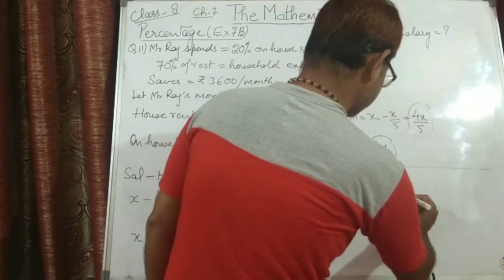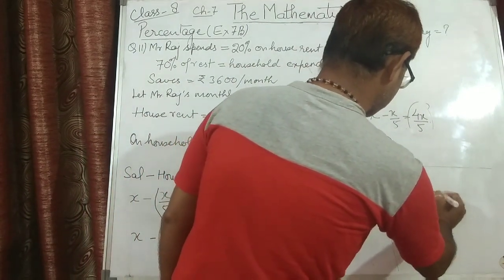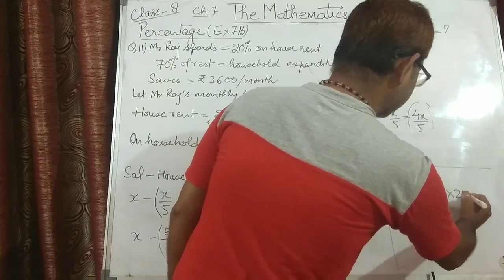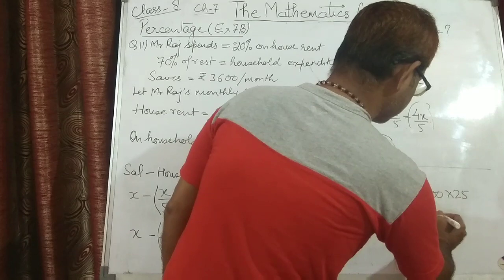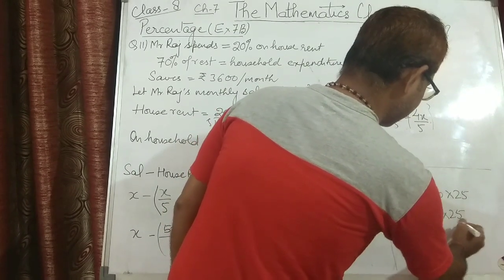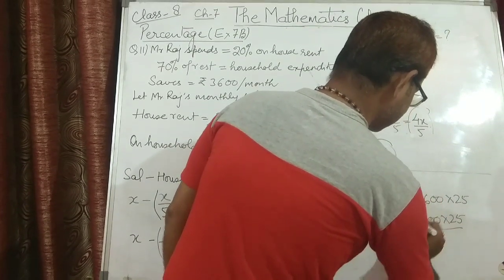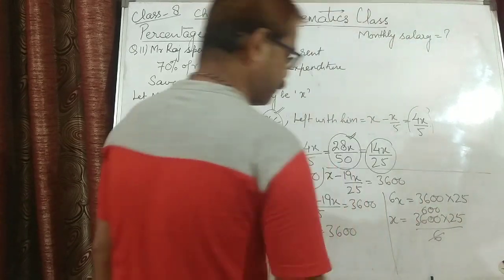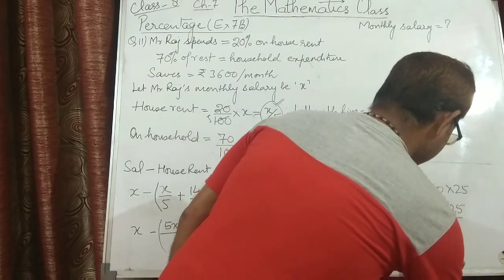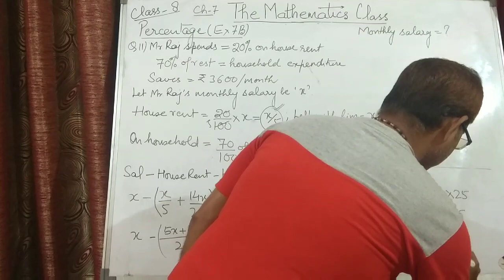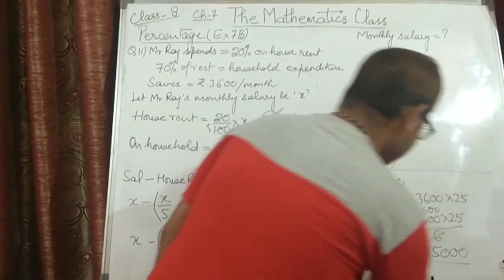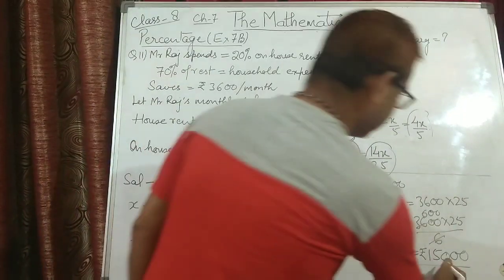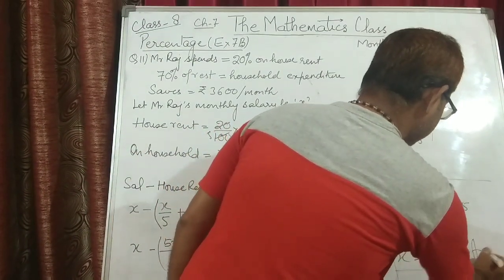So 6x is equal to 3600 into 25. So x will be 3600 into 25 upon 6. 6 6s are 36. 600 into 25 is 15000. That is his salary. His monthly salary is rupees 15,000.